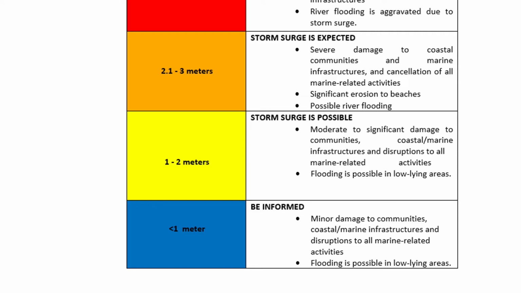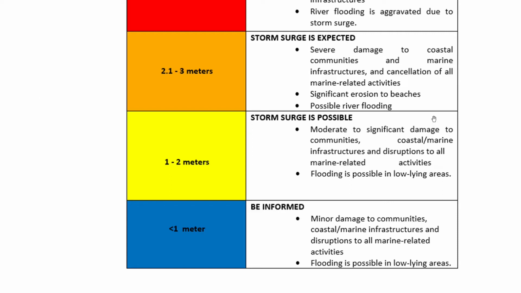At this point, a storm surge is possible. There's moderate to significant damage to communities, coastal marine infrastructures, and disruption to all marine-related activities. Flooding is also possible in low-lying areas.